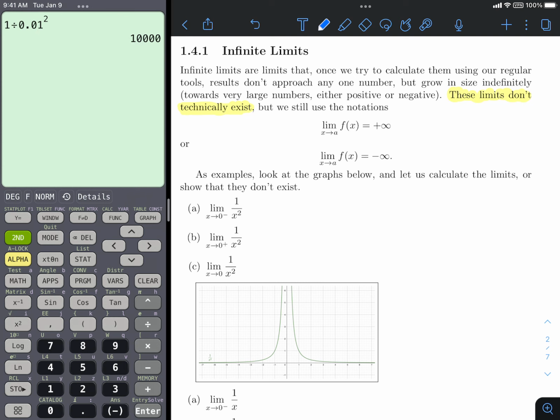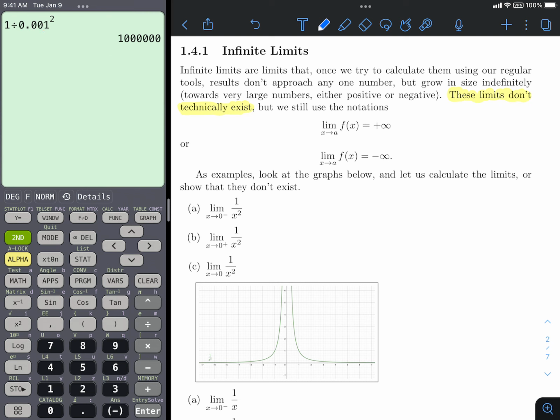0.01, I get 10,000. What if I do it again? What's that, 1 million? So the smaller my x value gets, the bigger my y value gets. So this calculation is x equals 0.001 and y is becoming 1 million.